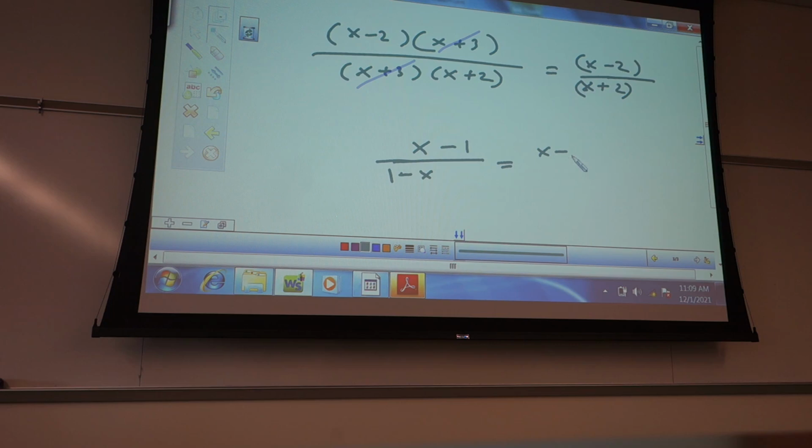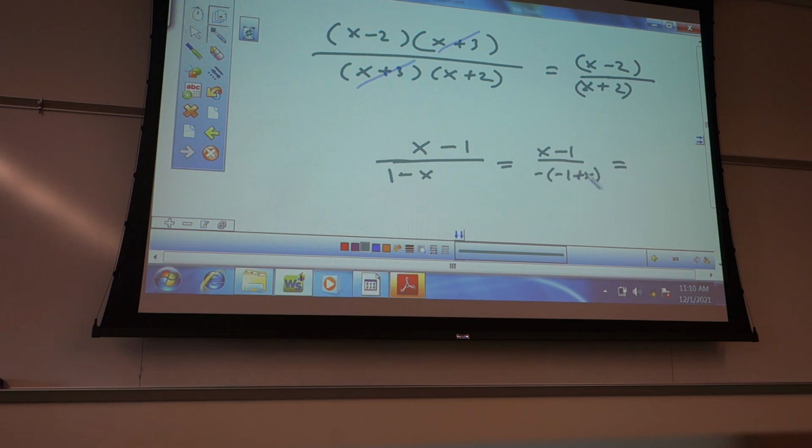This is the same as x minus 1 times negative. There was a few in the beginning that were similar to this. Negative, because you want the x to be positive. So I could factor a negative 1 out of both of these and get negative 1 plus x.